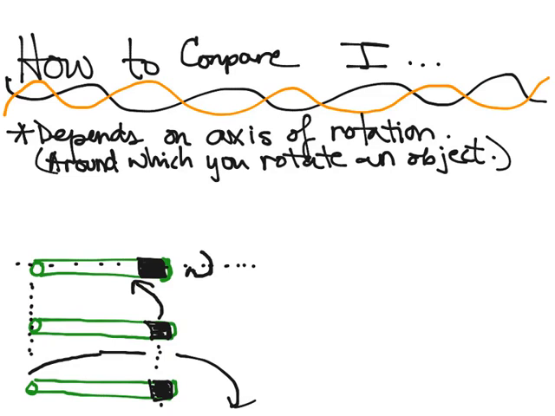Okay, and you can imagine if you picked up this stick and did these 3 different things, it would feel a lot different. It would probably be easiest to rotate right here.